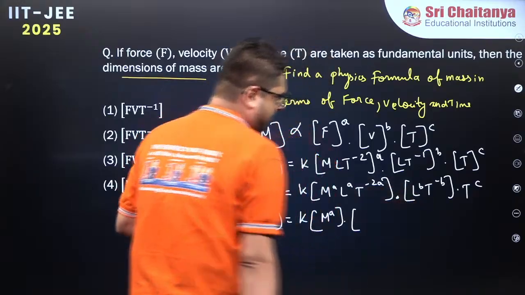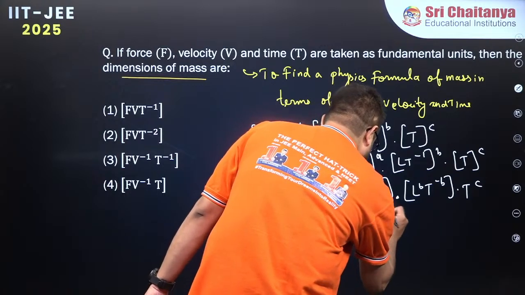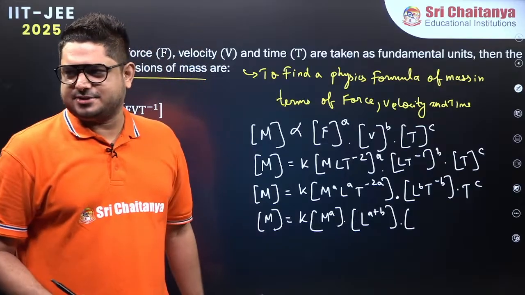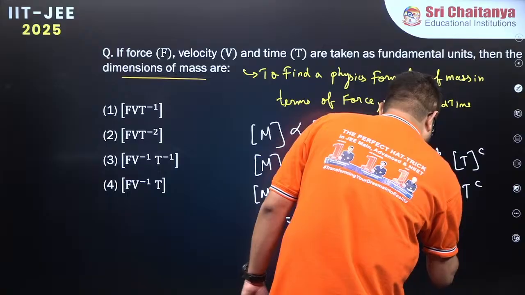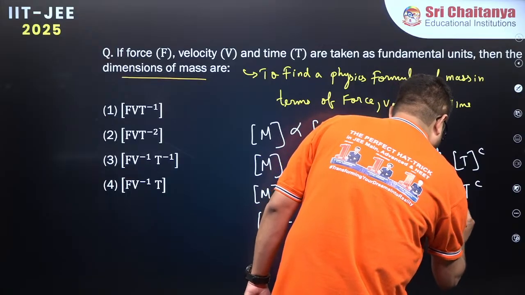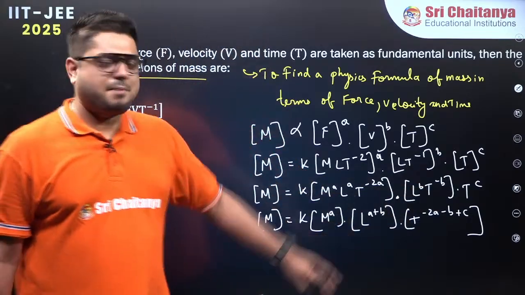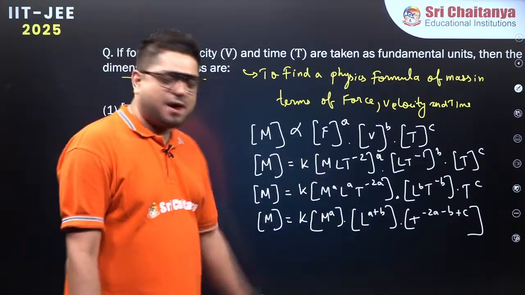It can be multiplied with L to the power B. So as a result, I will be getting L to the power A plus B. The same thing will be happening in the context of time as well. So T to the power minus 2A minus B plus C, isn't it? I hope it's clear. The powers which I am writing down over here, if yes, give a thumbs up. You know how to rearrange the powers, isn't it?